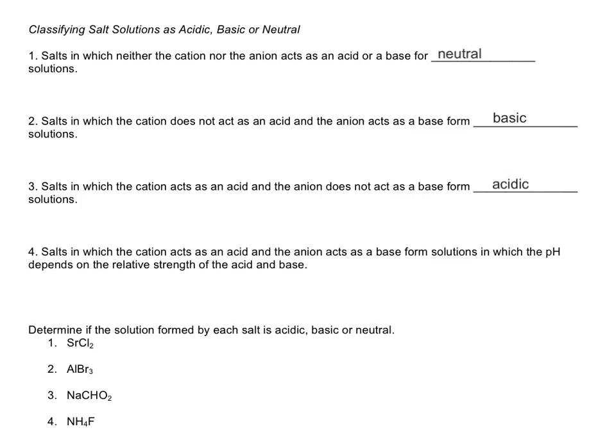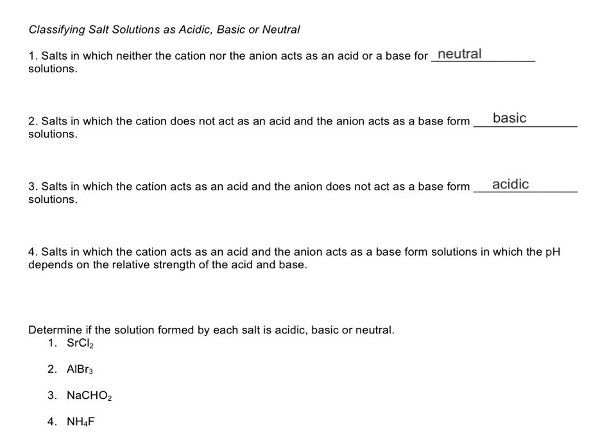So the chloride ion doesn't contribute to the pH, but the cation does contribute, and so overall you would end up with an acidic solution. Okay, and then the final one, which is the most complicated of the four, is salts in which the cation acts as an acid and the anion acts as a base.